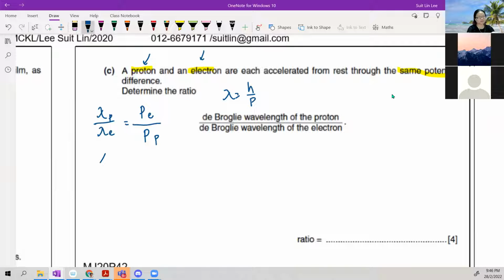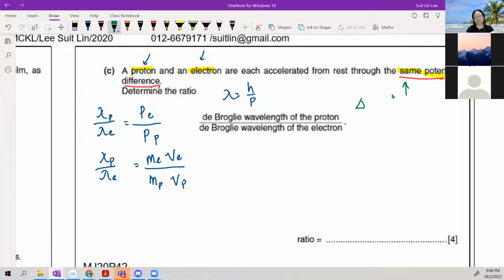However, to find momentum, I will take the mass of the electron times velocity of the electron, over mass of proton times velocity of proton. Now, just because they have the same potential difference doesn't mean they have the same final speed. So I need to settle the ratio of the speed first. I know the ratio of mass, no problem, but I need to know the ratio of speed. So from here, I'm going to find the ratio of VE and VP.